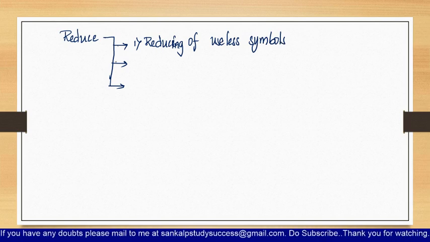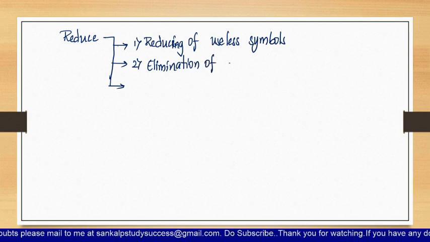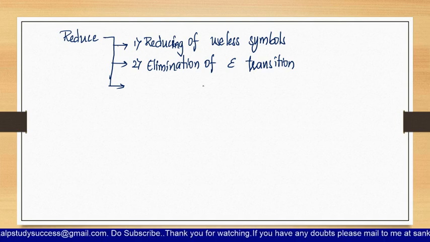Let us see. The second one is elimination of epsilon transitions, that is, null transitions. If you remove the null transitions or keep them, there is not much difference; if you keep them, it just becomes lengthy. So to reduce the context-free grammar, we eliminate null transitions.